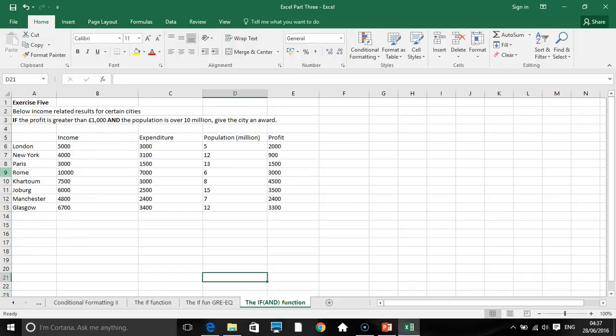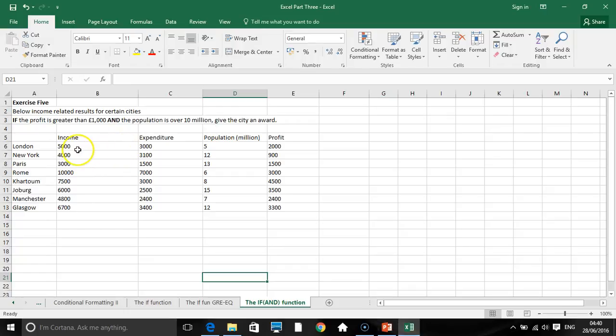Here are these two conditions. If the profit is greater than 1000 is the first condition in this question, and if the population is over 10 million, give the city an award. So we're almost asking two if functions, but we combine them into one.